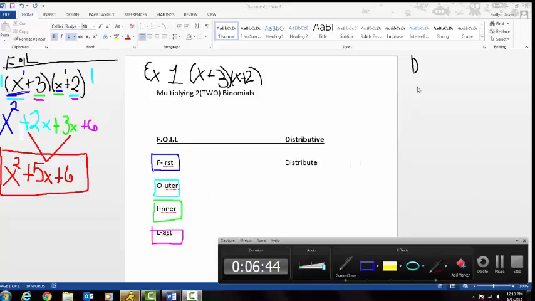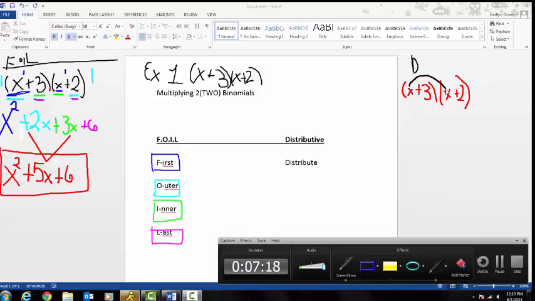Now, with our distributive property, sorry, I'm not going to change it right now, because that would be kind of hard, and it's just a lot easier for me to do it this way. We have x plus 3, then over here we have x plus 2, and with the distributive property, you're just going to distribute these over here, okay?